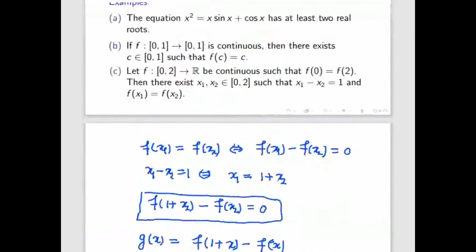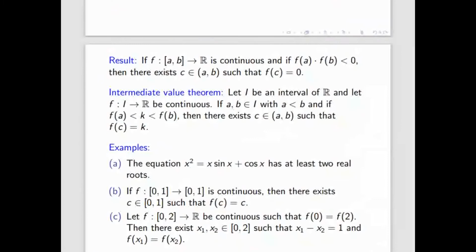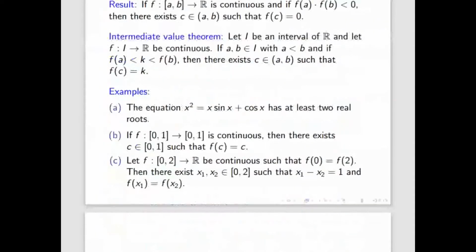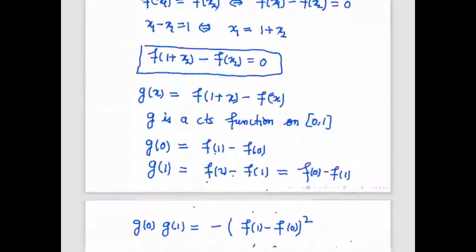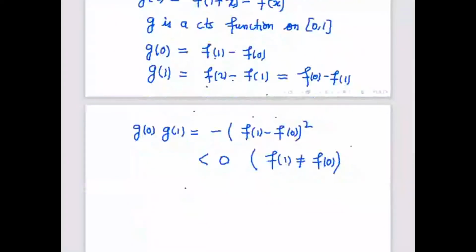Once the product is negative, by this result we can say that there exists an element between a and b such that f of c is 0. That means, by the intermediate value property, there exists some x2 belonging to the interval 0 and 1 such that g of x2 is 0. That x2 can be anything.